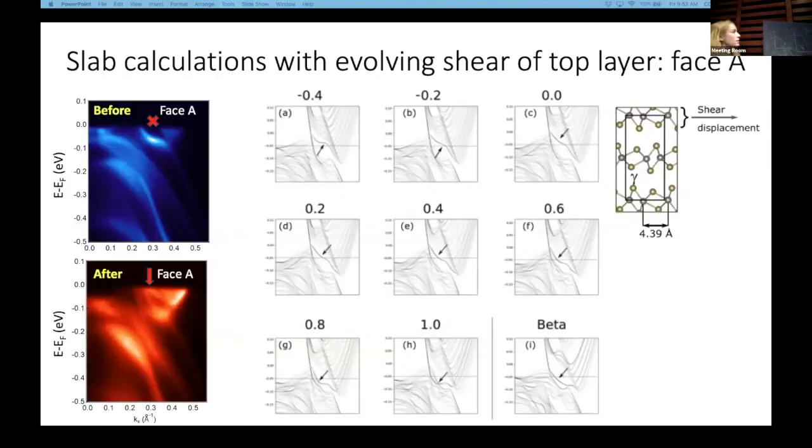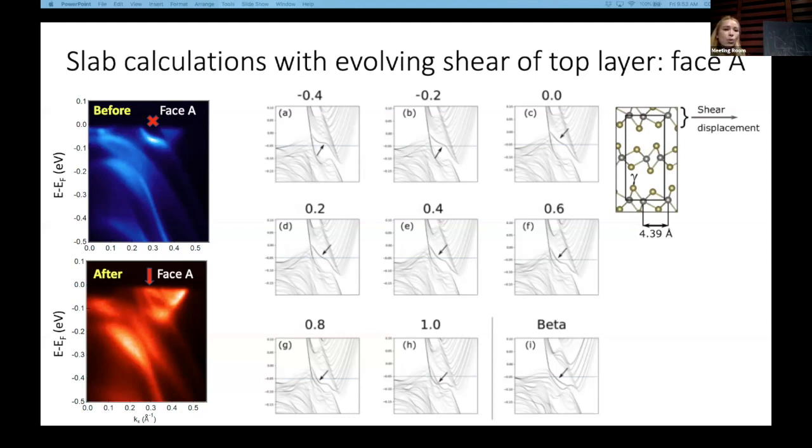These are slab calculations showing subsequent shear displacements of one layer. And this is modeling face A. So the experimental observation is before, there's nothing between the electron and hole band. Afterwards, there's something there. So starting with 0 shear displacement, initially there's a band that is above EF, but as the top layer is sheared to the right, you can see this band pushing below EF.